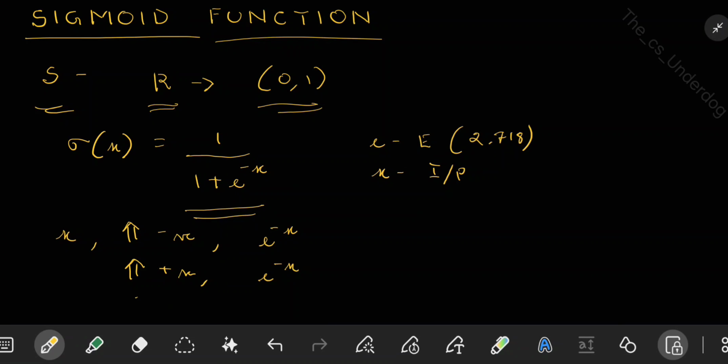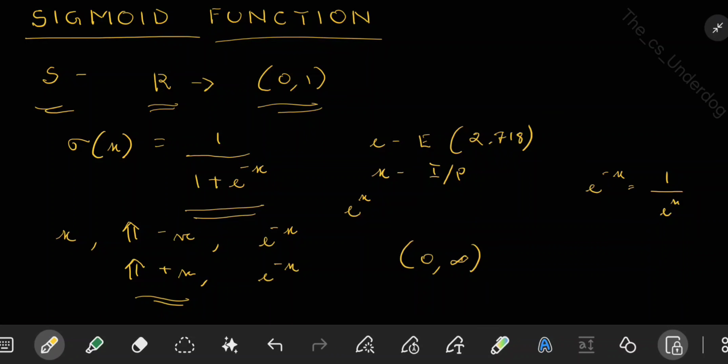If x is a very large positive number, then what happens to e power x? After this, we'll understand e power minus x. Why? Because e power minus x is 1 by e power x. So if you know what happens to e power x, then you automatically know what happens to 1 by e power x. Okay, so e power x, we know it takes values from 0 to infinity.